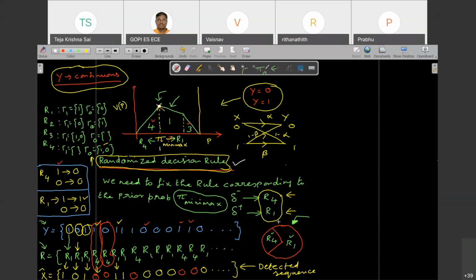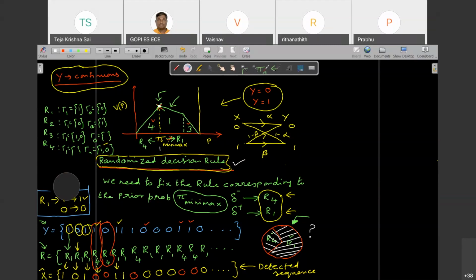In other words, what is the area of this roulette wheel for R1 and what is the area for R4? That we need to freeze. So how to freeze that? That is the requirement now.